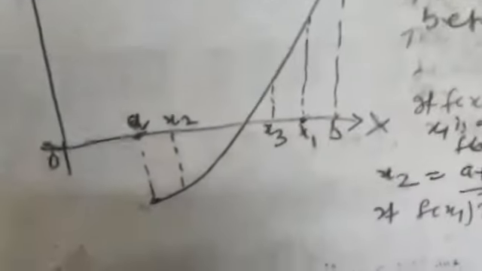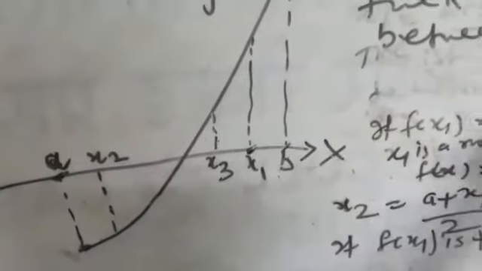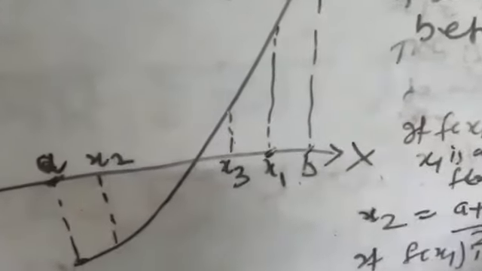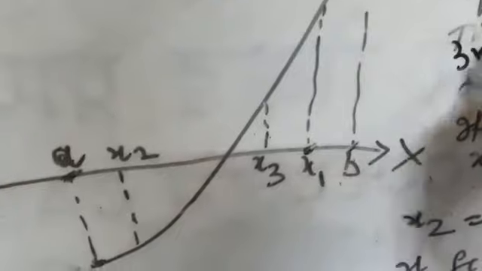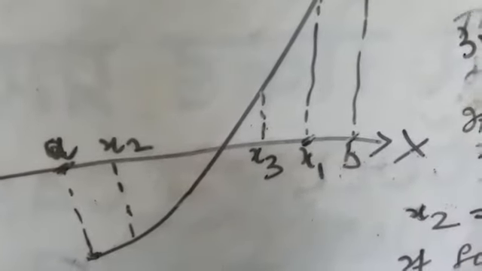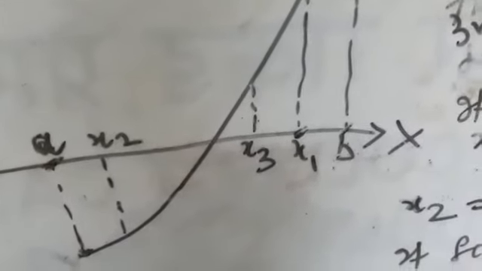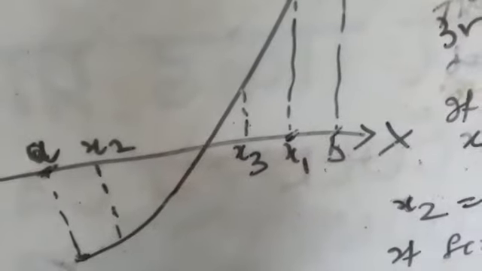Why? Because f(x2) is negative and the other one, f(x1), is positive. So the root lies between x1 and x2. So the third approximation is x3 equal to (x1 plus x2) divided by 2.